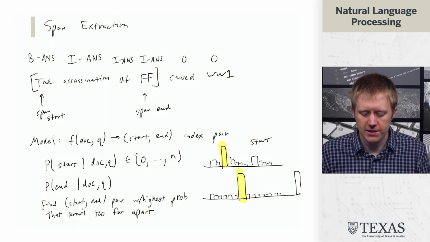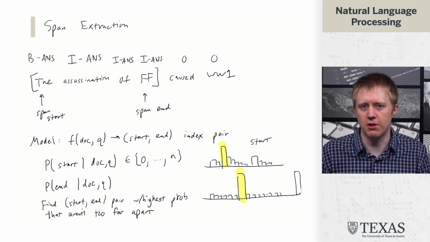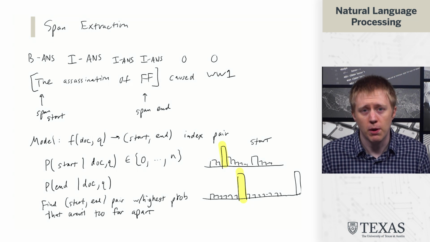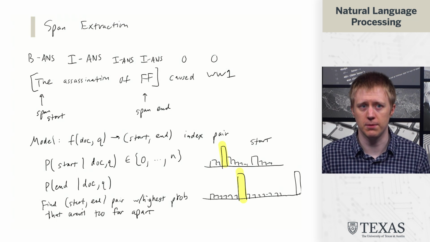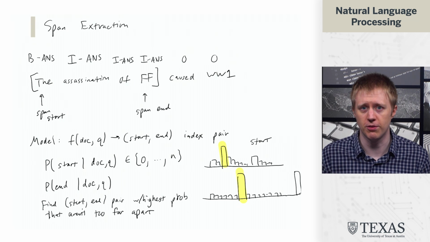So it's an approximation, but it's a standard one that people make when doing this type of question answering. And so what we're going to talk about next is how to build a neural net that goes from a document and a question and maps to these distributions over start and end positions.